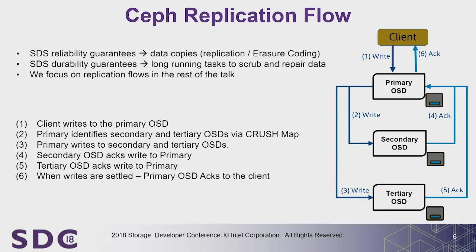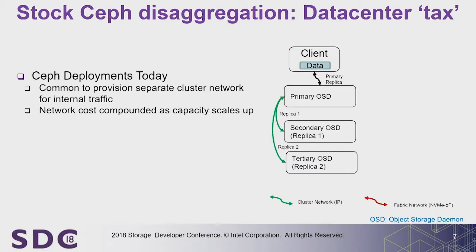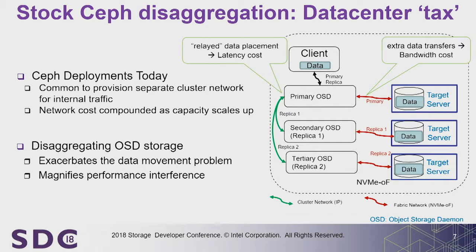You have to have a dedicated network for that purpose, as well as for scrubbing, that kind of task. Now, you do this as what we refer to as a stock Ceph deployment right now. This network cost scales up as capacity scales up, and in the replication case it's almost a linear factor how it can grow. When you move to disaggregation, this obviously exacerbates the data movement problem.